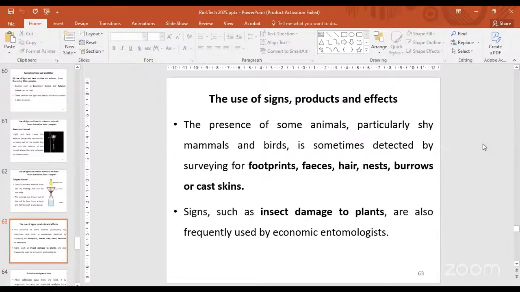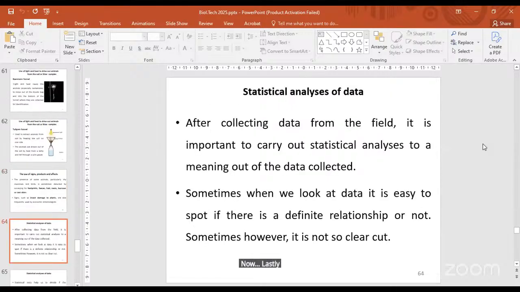Now, lastly, after you have done your sample collection using any appropriate technique, don't forget the technique you use for collection is largely dependent on the type of animals you are sampling. Now, when we started this class, the first thing we said was that ecological sampling or study involves three major steps.